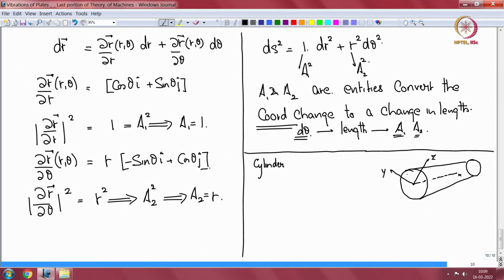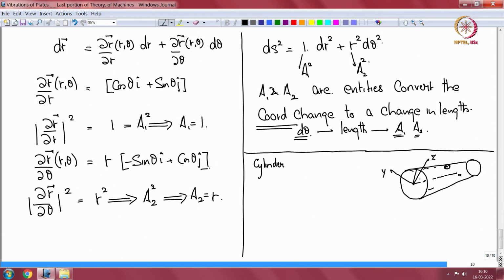So y, z are in this plane of the circle. Then I want to look at some point here, somewhere here on the shell. This is the point I want to describe.